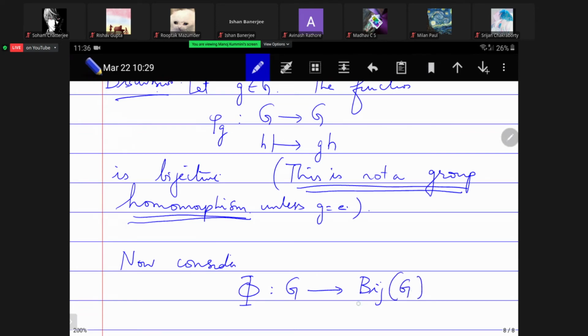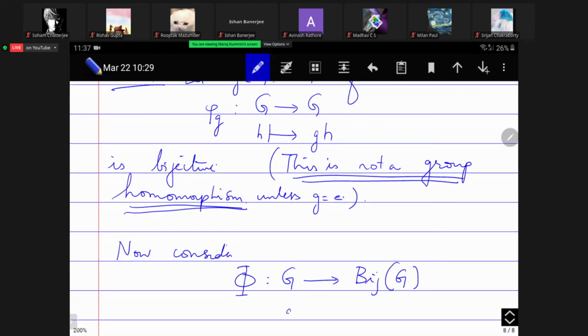So this notation Bij(X) was the set of bijective functions from X to itself. So we can talk about bijective functions from G to G, in which little g goes to phi_g.